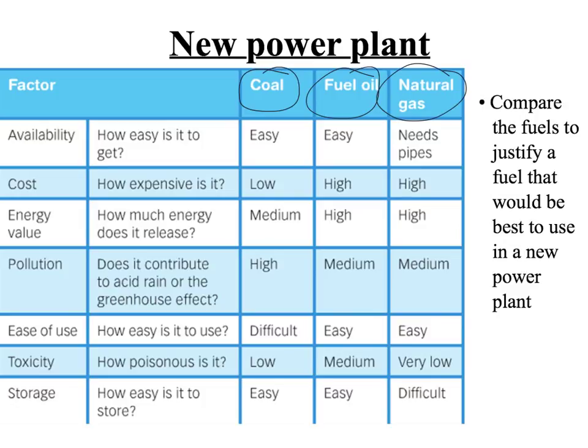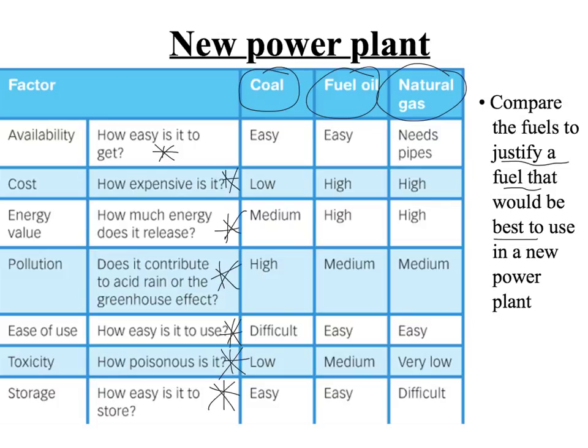This could be an example of what you got in an exam, so a table with lots of information about each one, and then you would have to compare the fuels to justify a fuel that would be the best to use. So we're looking at how easy it is to get to, how expensive it is, how much energy it releases, does it contribute to acid rain or the greenhouse effect, how easy is it to use, how poisonous is it, how easy is it to store.